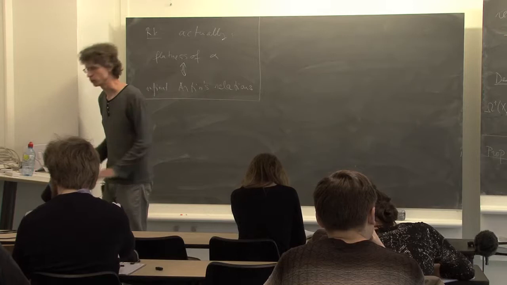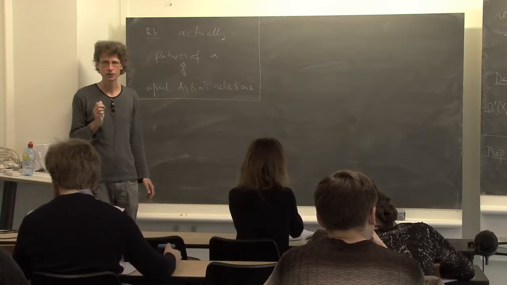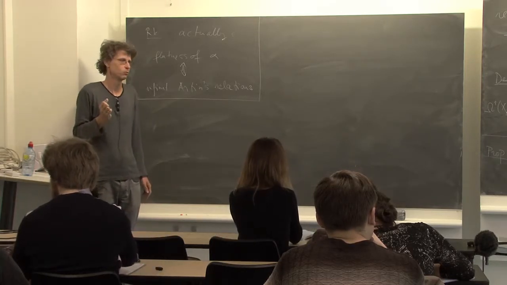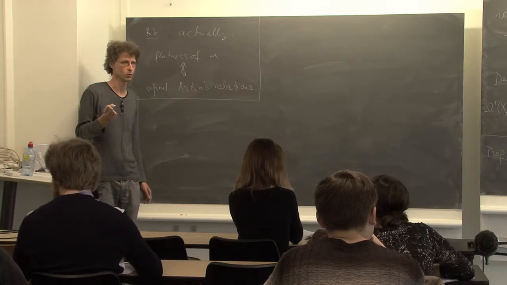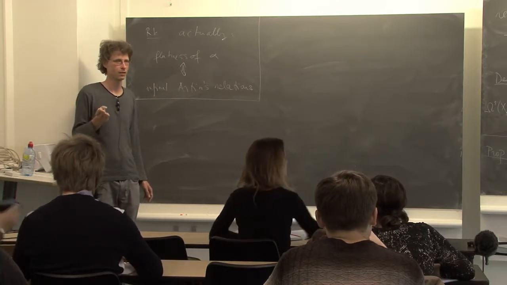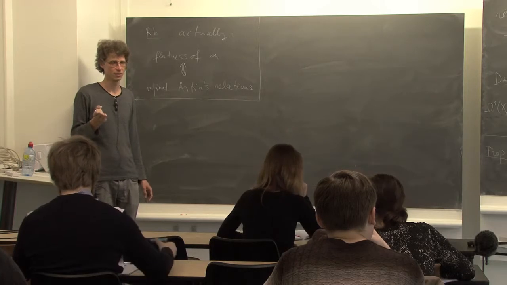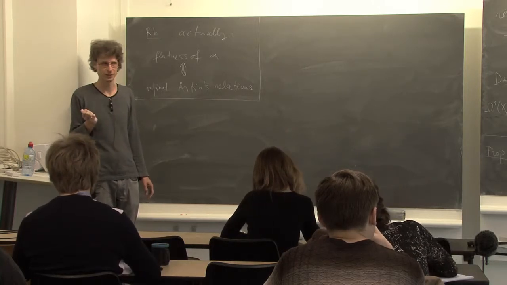Okay, now what are we going to do with this connection? It's a flat connection. We're going to compute this holonomy, or compute some parallel transport. And that is going to give us, in the end, an associator, whatever an associator is.